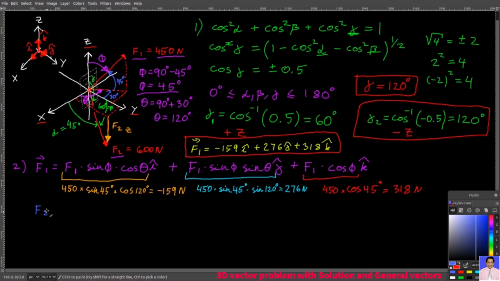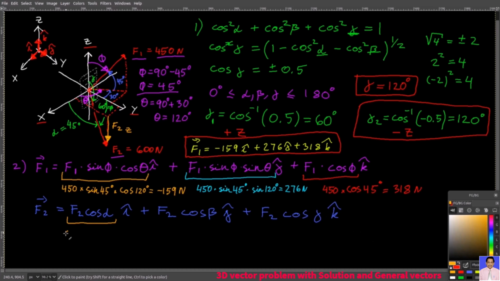And so I can write F2 vector equals F2 magnitude times cosine alpha times i, F2 magnitude times cosine beta times j, plus F2 cosine gamma times k.